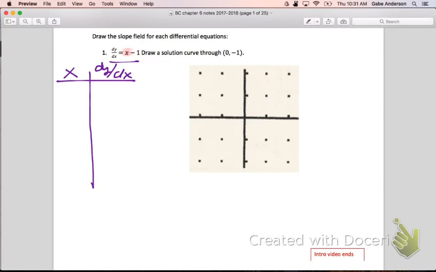We'll notice a little pattern with this one. Keep in mind that dy dx only depends on x, and that pattern will be coming out as a result of that. I'm going to plug in a 0 for x, our standard starting spot. When x is 0, dy dx is negative 1. So I'm going to come over here to my graph, and whenever x is 0, that would be the y-axis right there, I'm going to attempt to draw a slope of negative 1.